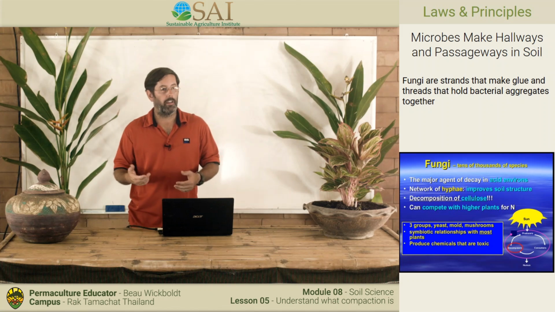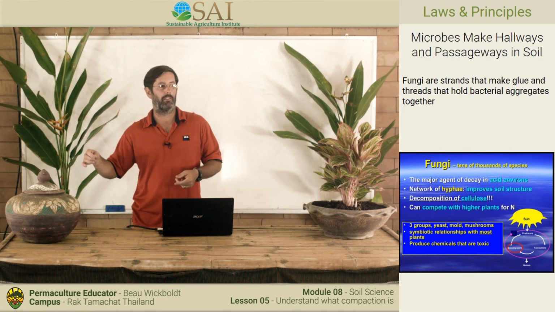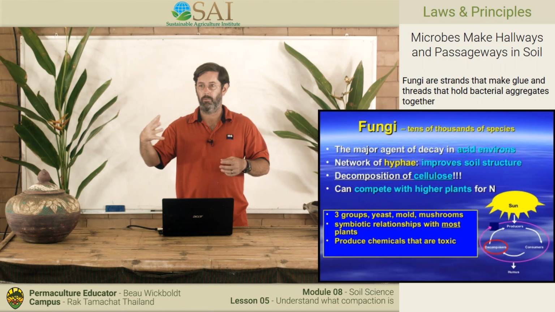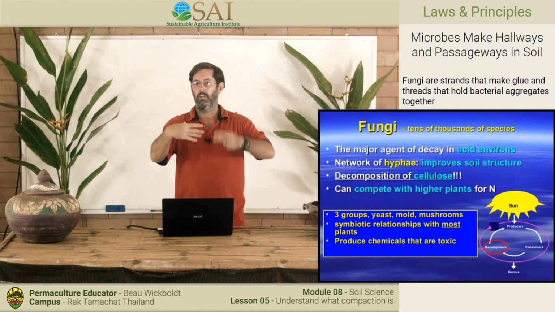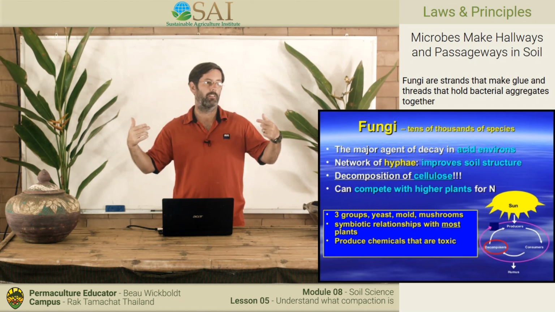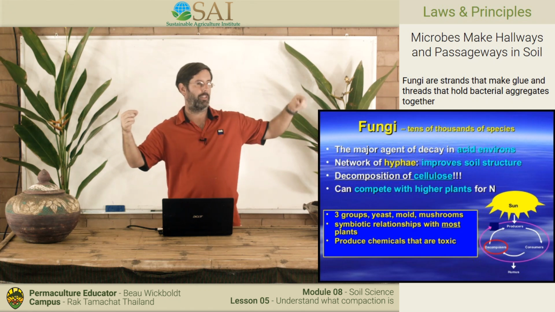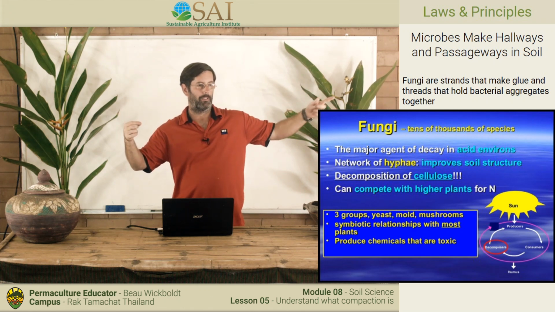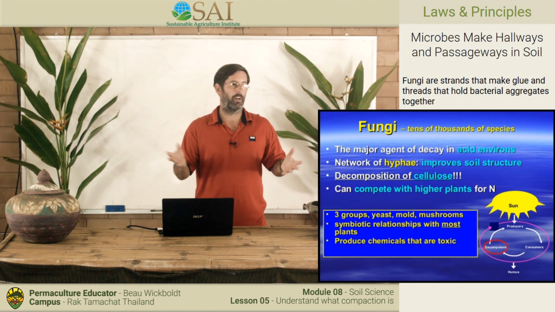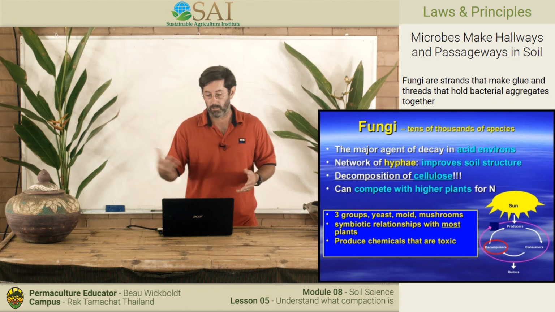So fungi are strands that make glue and threads, and they hold bacterial aggregates together. First we have the bacteria that create aggregates, and then the fungal network binds the aggregates together. Remember, the bacteria is interacting with the mineral, and then think about the fungal network as a train. The mineral gets on the train, and they send it down the train to the tree who said, I want it. So there's some type of exchange, whether it's a vibrational exchange like we speak, or an electrical pulse communication system that they use.